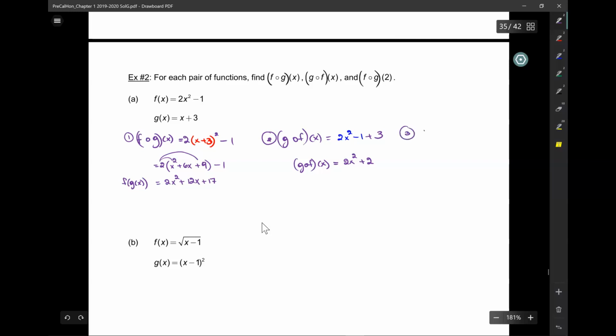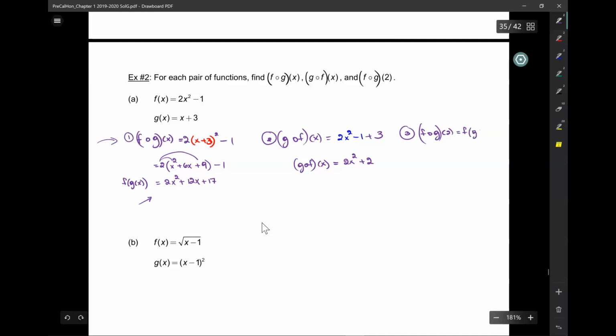Lastly, I need to find f of g of 2. Now, we already found f of g of x here, so one thing you can do is plug 2 into this expression. However, if you weren't first asked to find that, and just out of the blue you have to find f of g of 2, there is another way that is more efficient that I like to do.